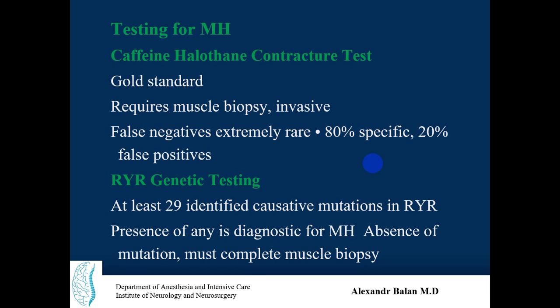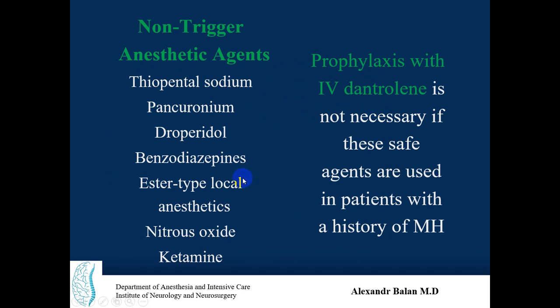But tests that are invasive are not done so often. The second one is genetic testing. At least 29 causative mutations in the ryanodine receptor have been identified, and the presence of any is diagnostic for malignant hyperthermia. In the absence of a mutation, you must complete a muscle biopsy and do the caffeine halothane contracture test, the invasive one.